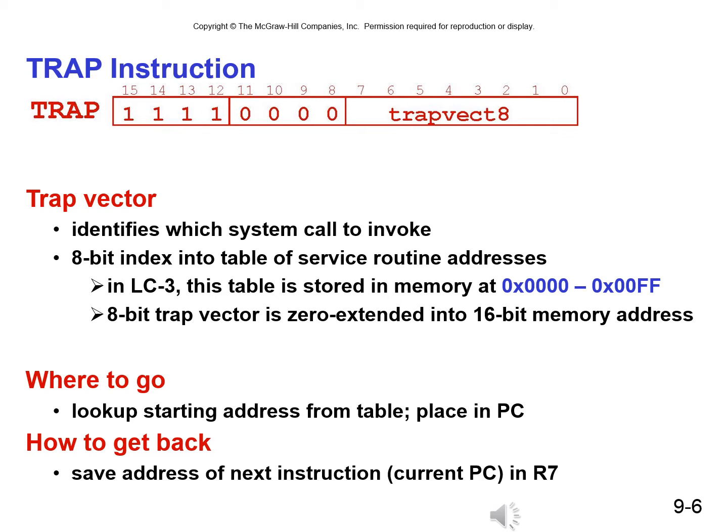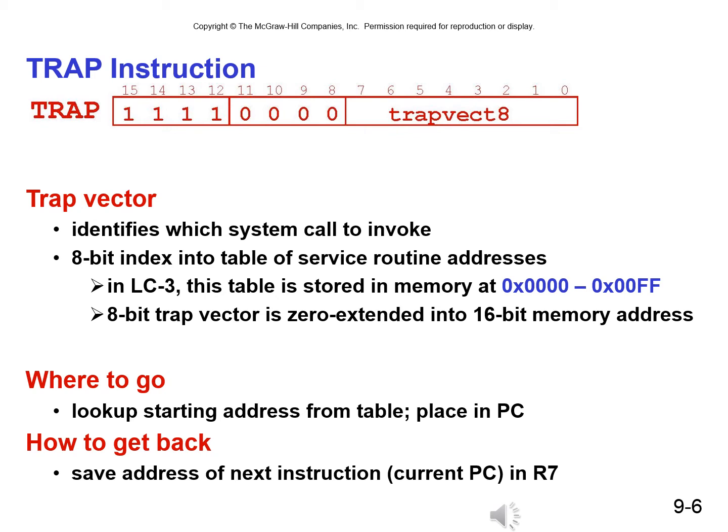So if it was a trap X25, you'd have 0, 0, 1, 0, 0, 1, 0, 1. Okay, sorry, I had to do a little bit of hex to binary in my head.